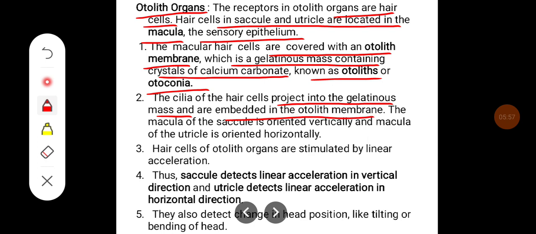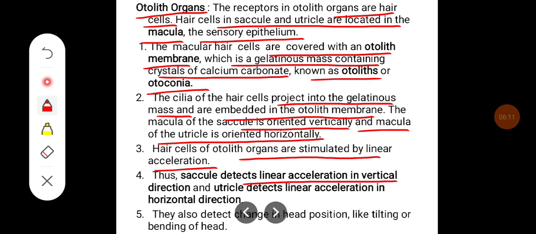The macula of the saccule is oriented vertically and macula of the utricle is oriented horizontally. Hair cells of the otolith organ are stimulated by linear acceleration. Thus, the saccule detects linear acceleration in vertical direction and utricle detects linear acceleration in horizontal direction. They also detect change in the head position, like tilting or bending of the head.